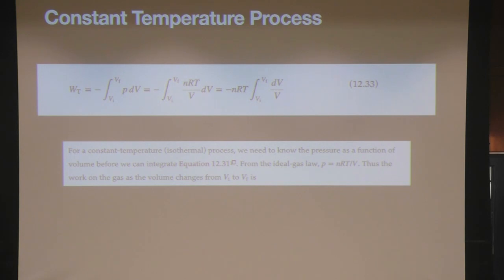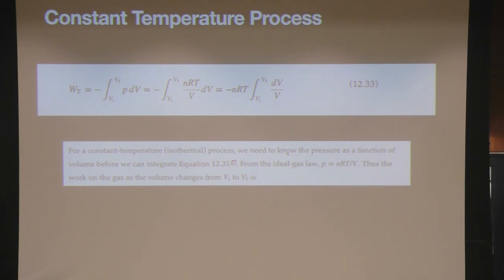And then we can also have a constant temperature process. And then we have a situation that's a little bit more complicated. So for a constant temperature process, we need to know the pressure as a function of volume before we can integrate equation 12.31. This is the kind of thing that when the scientists were doing experiments, they got a little bit confused about, because this one's not so simple.